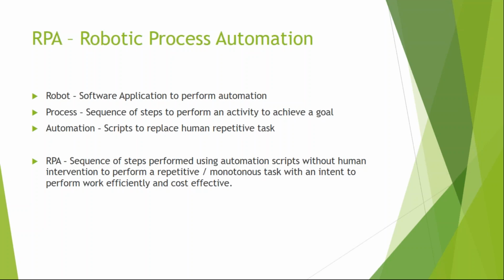When we talk about robotics, it doesn't mean any physical robots. It actually means the software we build to automate our tasks and ease our life. So this is in brief the concept of robotic process automation. At any point of time, if you have any questions or queries, please go ahead and ask me.